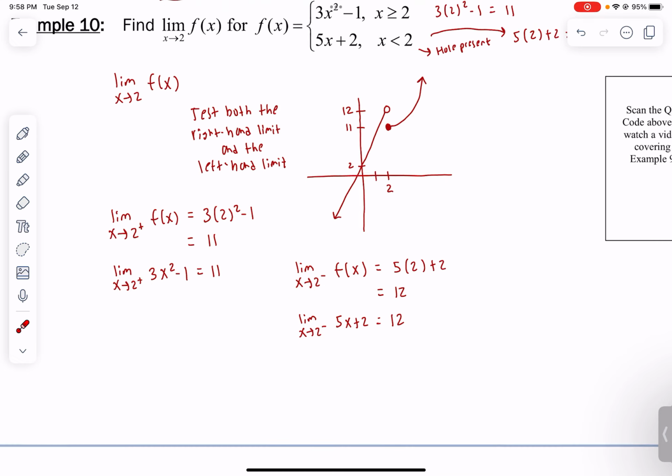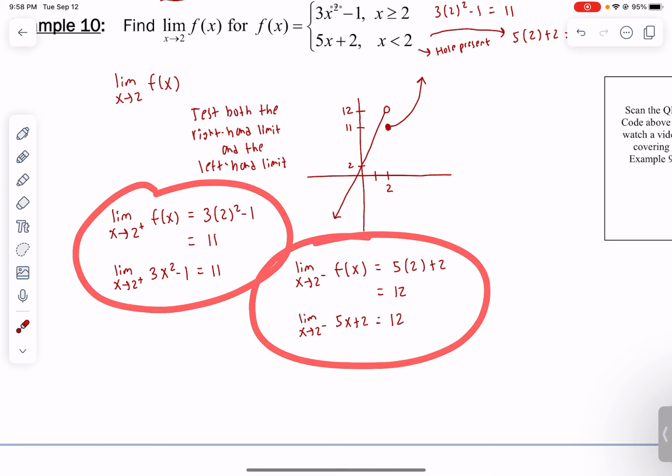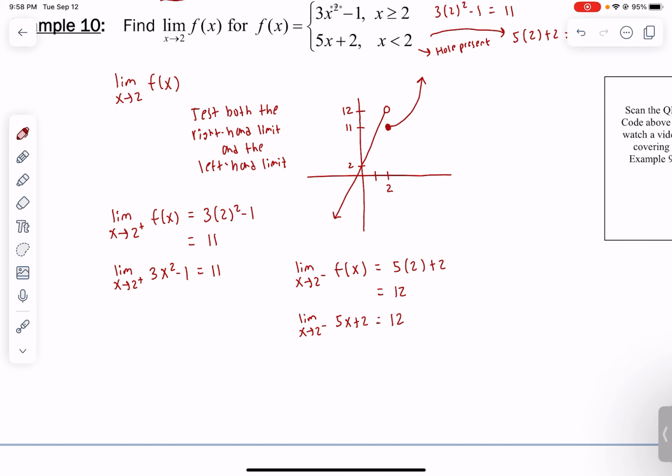So now that we tested both the right-hand limit and the left-hand limit, what can we say about the overall limit as x approaches 2?